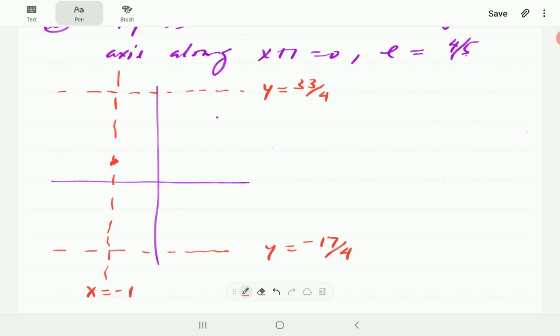So we need to find the midpoint between these two. That midpoint is going to give us the y coordinate of the center.